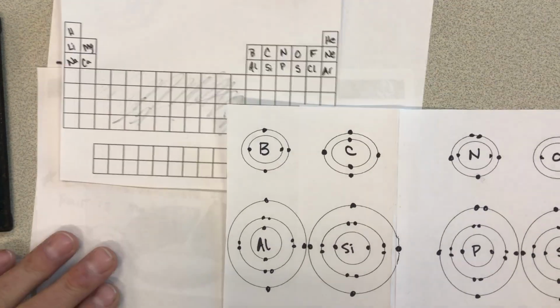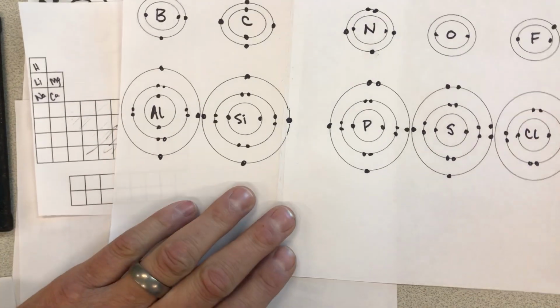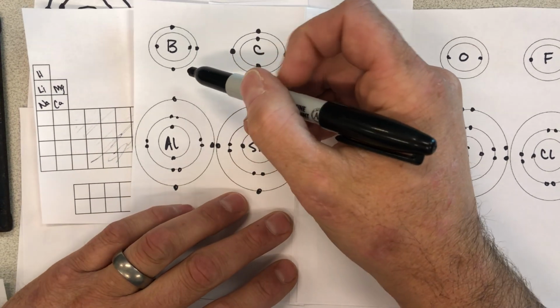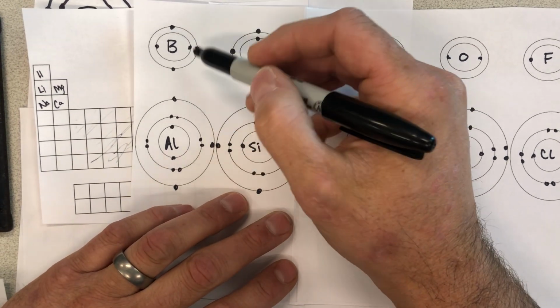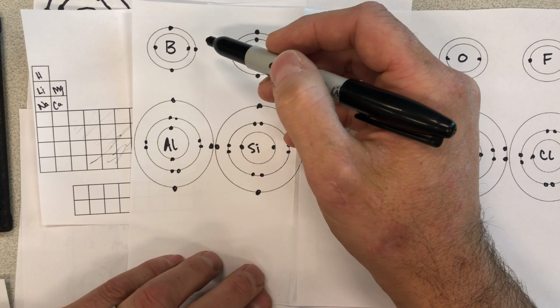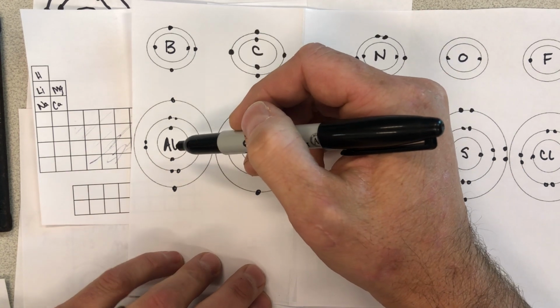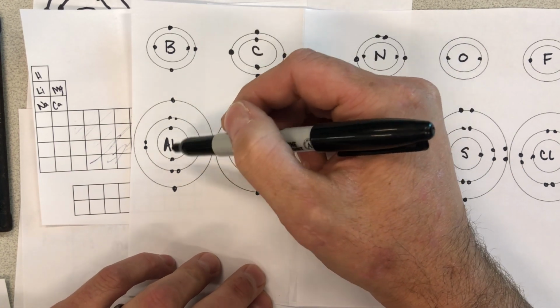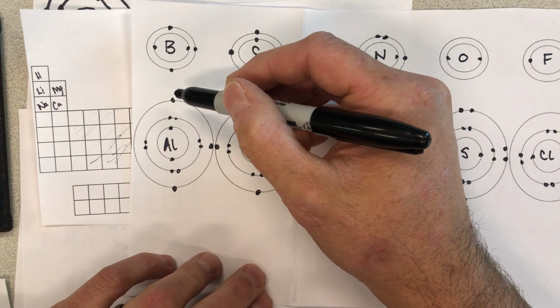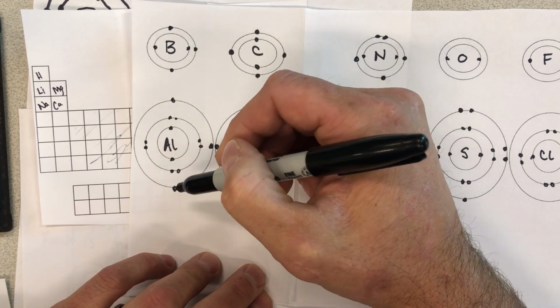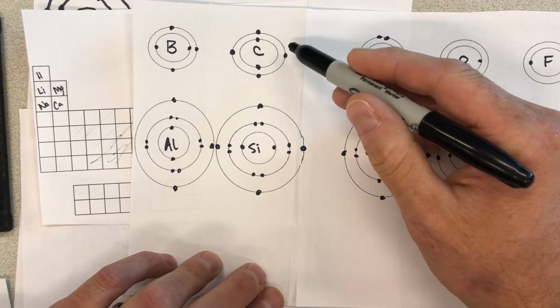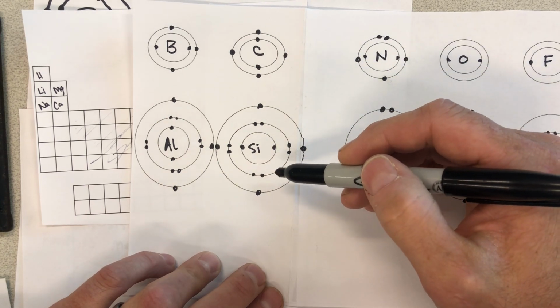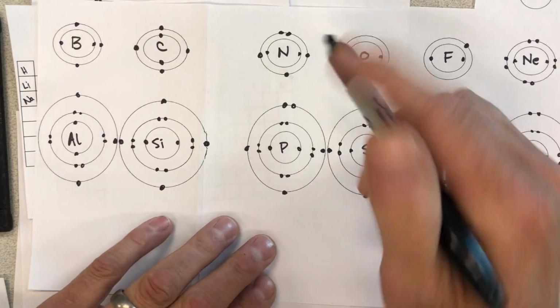We're starting at boron right here, and boron, you can see, has 2 levels. Its second level is its valence level with 3 electrons. Aluminum is very similar to that, even though it's got 1 more energy level. Its outermost level has 3 valence electrons. See how that works? Carbon and silicon are the same way with 4 valence electrons.